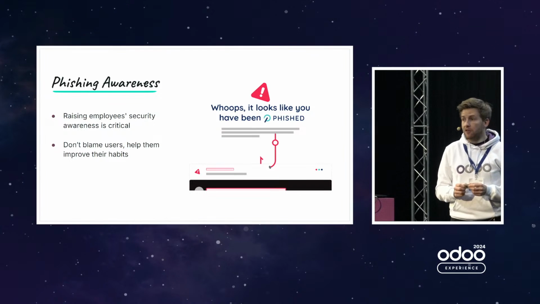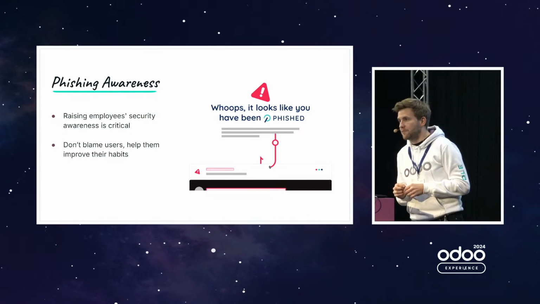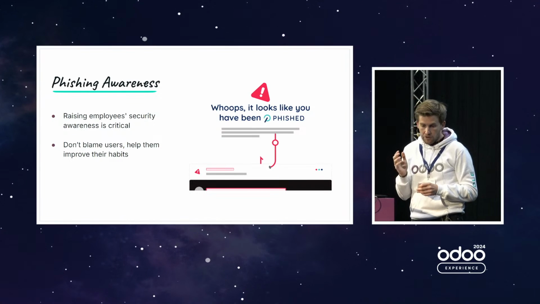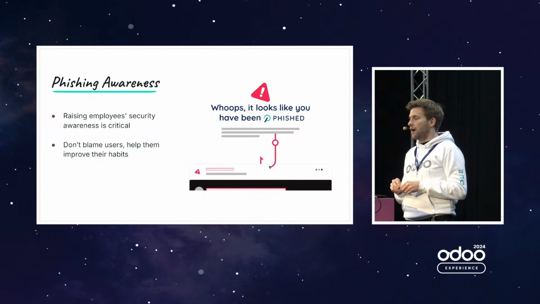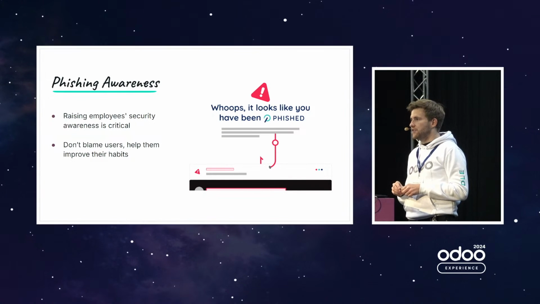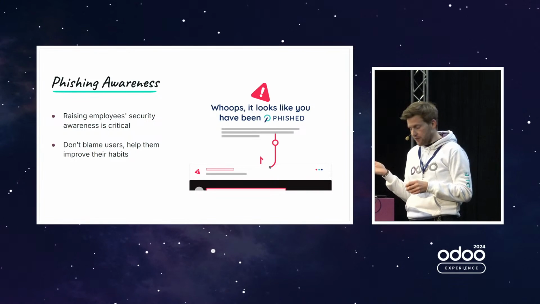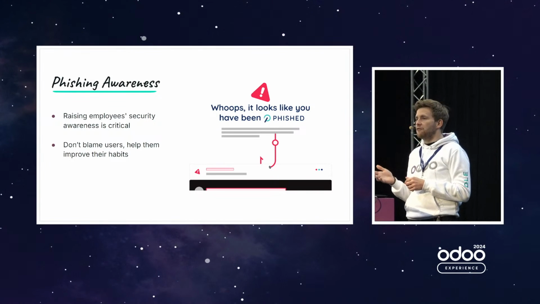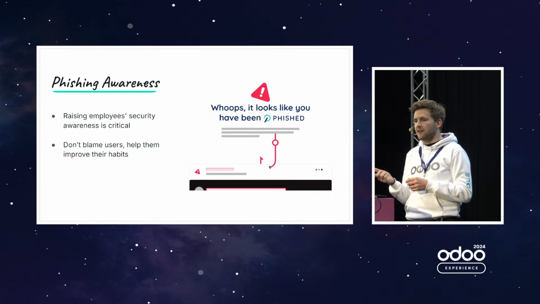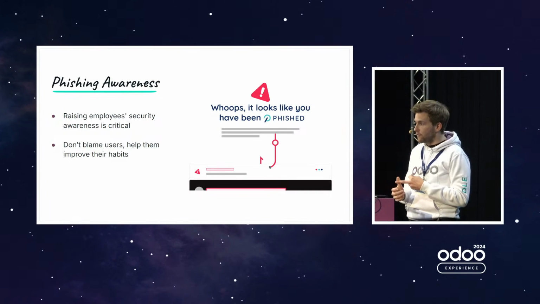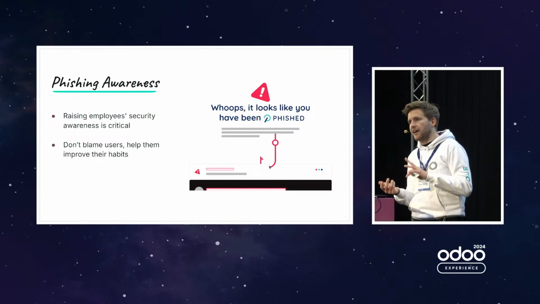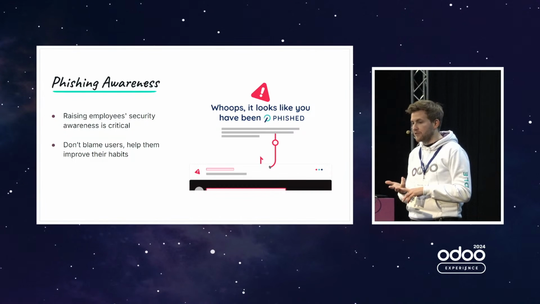I was speaking about phishing earlier, phishing being sent to the employees. So we are raising awareness among our employees about phishing through a training provided by Fished. Basically, every week for 5 minutes they have a training about phishing. And it's not only phishing, it's vishing as well. We are raising their awareness about the security of the building.